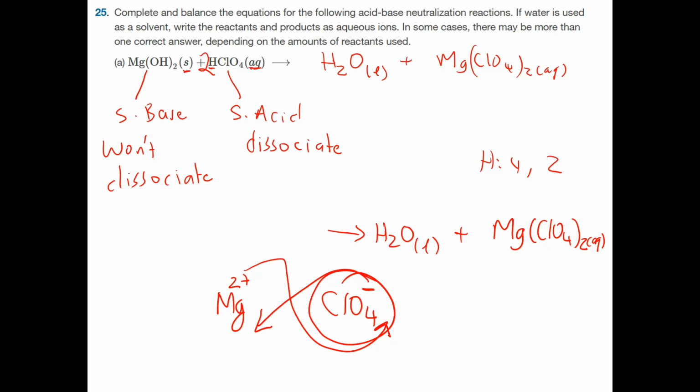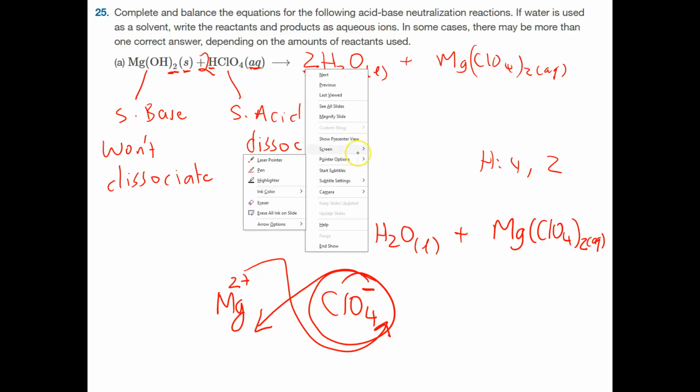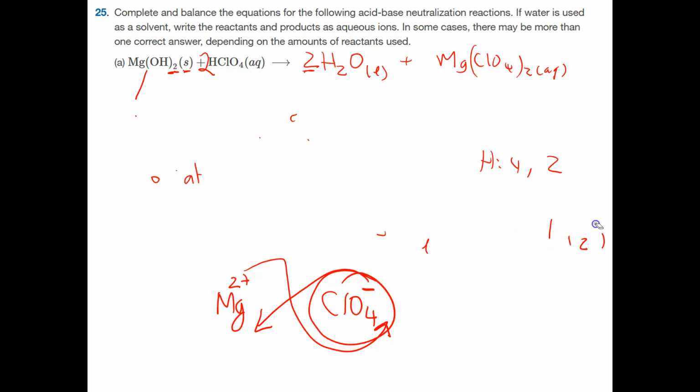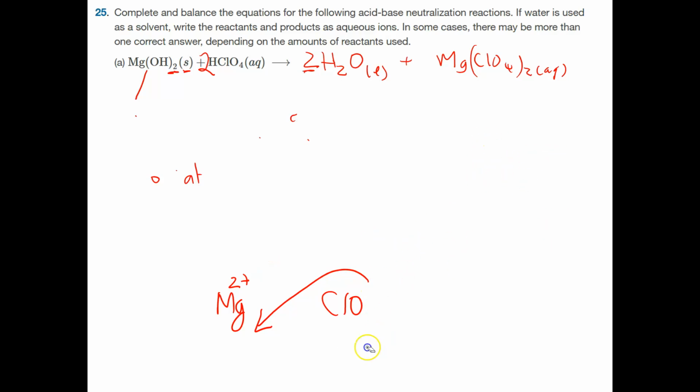So how we're going to fix that is we're going to put a 2 here. As a general rule, the number of hydroxide ions that are reacting will always equal the number of water molecules that you form. Okay, so at this point, it looks like we have our balanced molecular form of our equation. 1 magnesium hydroxide reacts with 2 perchloric acids to give 2 water molecules and 1 magnesium perchlorate.